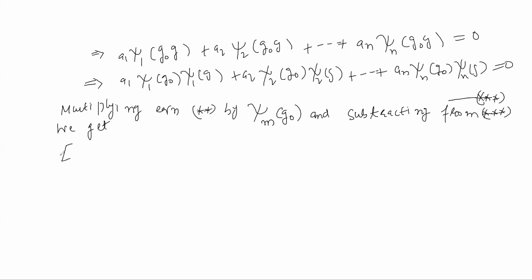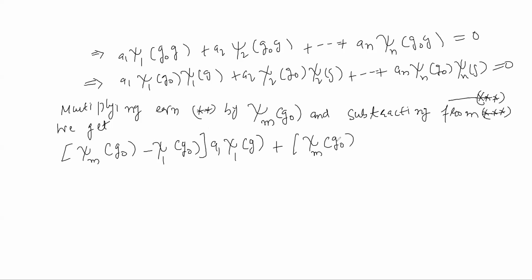The first term is chi m g naught minus chi 1 g naught times A1 chi 1 g, plus the second term chi m g naught minus chi 2 g naught times A2 chi 2 g, and so on.